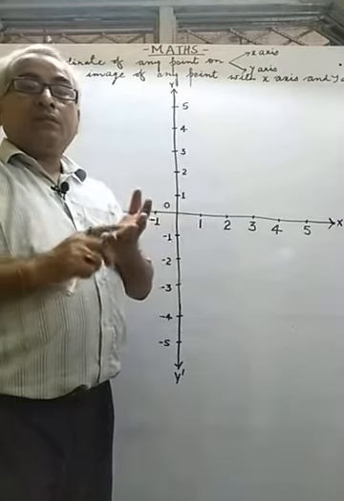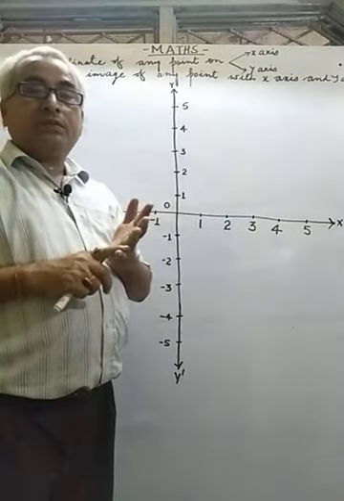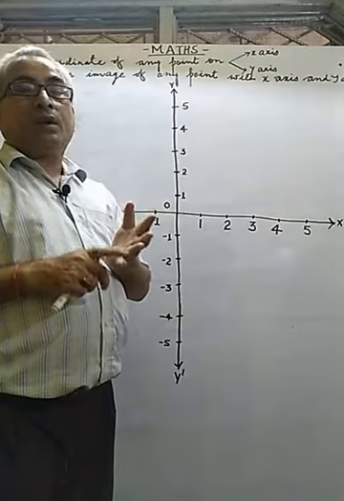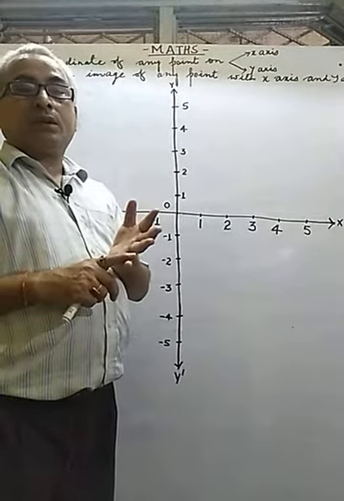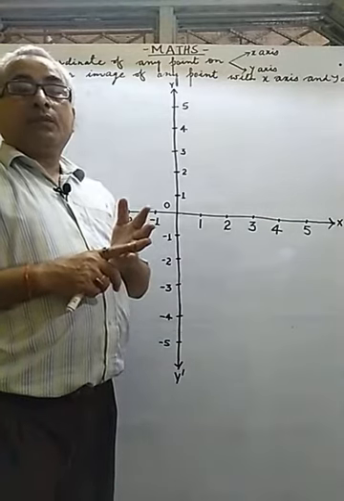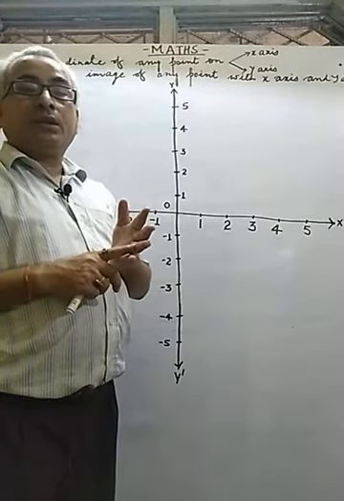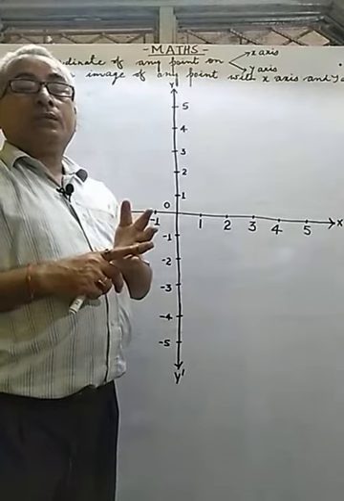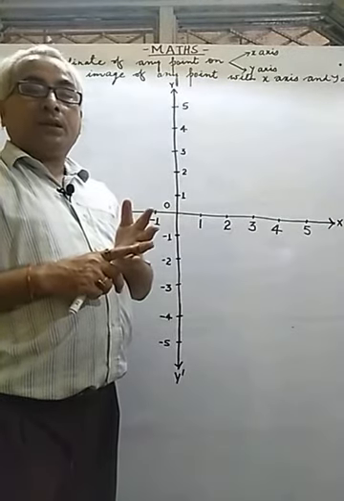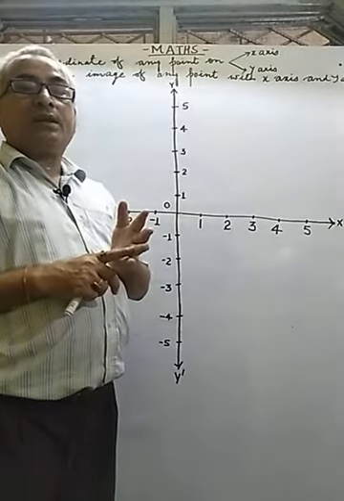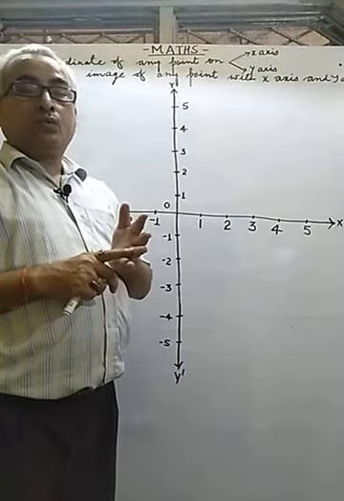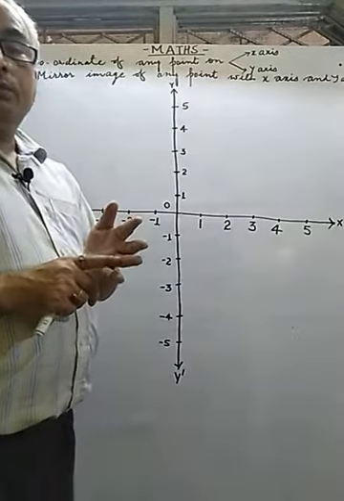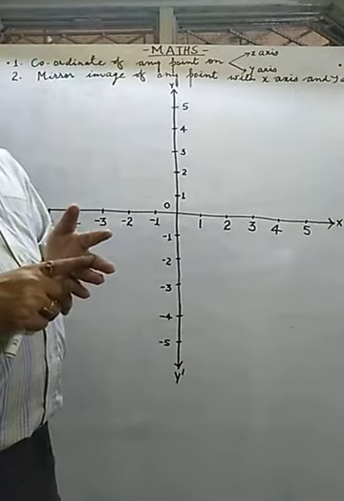So first of all, we have to show any point on the x-axis and y-axis. Secondly, the point image, and thirdly, we have to discuss the area bounded by 3 points, the area bounded by 4 points, and so on. So let us start our journey to locate any point on the x-axis.